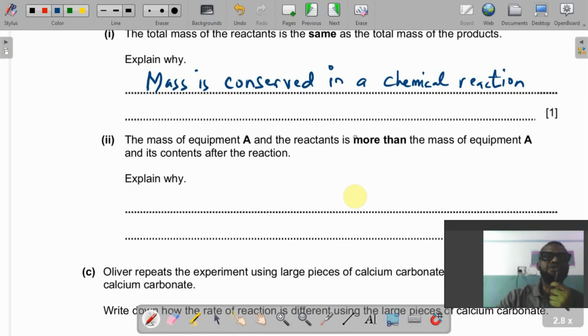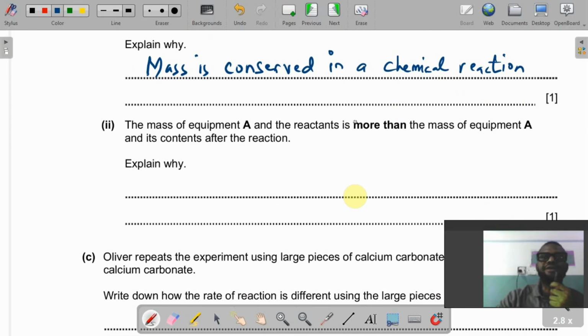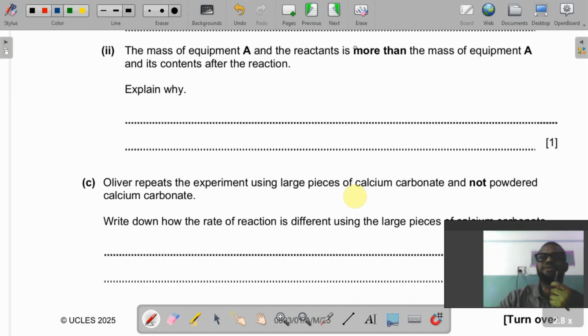The mass of equipment A and the reactants is more than the mass of equipment B and its contents after the reaction. Explain why. The evaporated gas reduces the mass of the contents after the reaction, because gas is given off during the reaction.